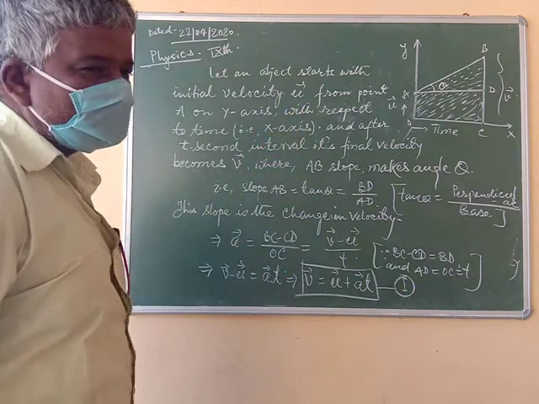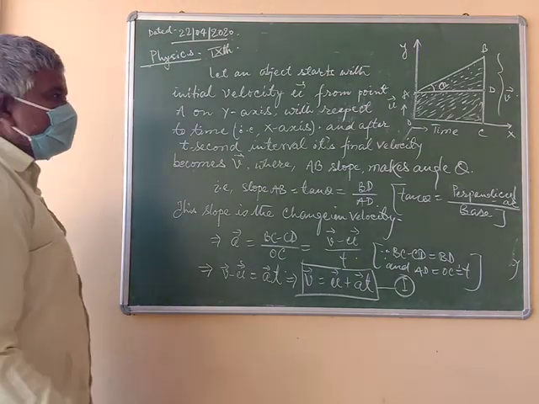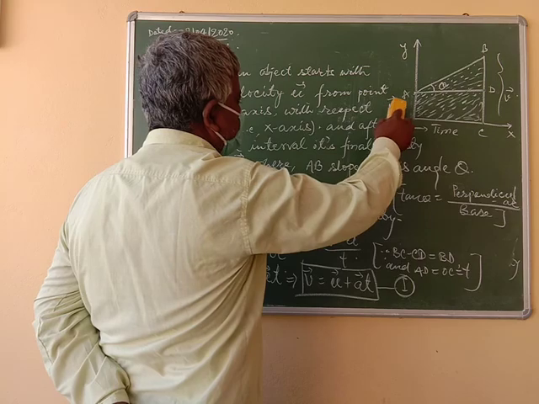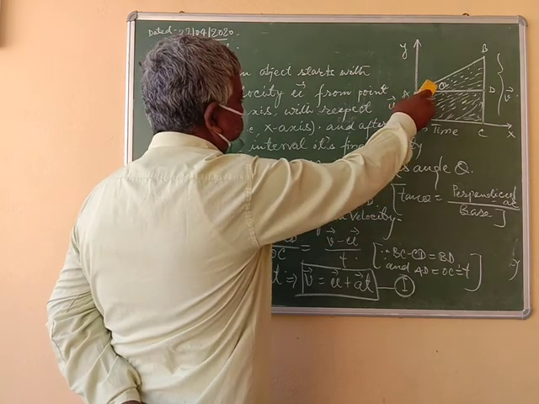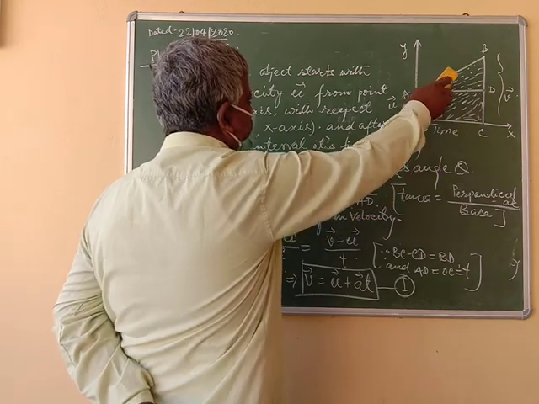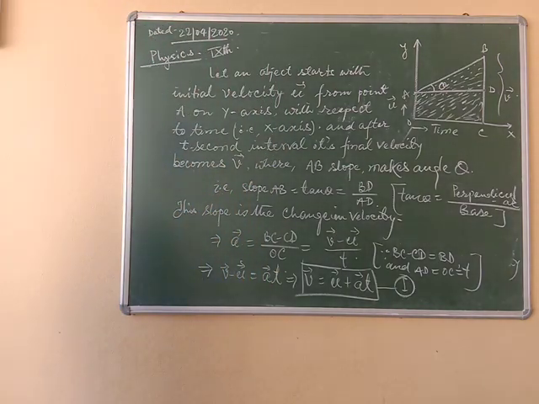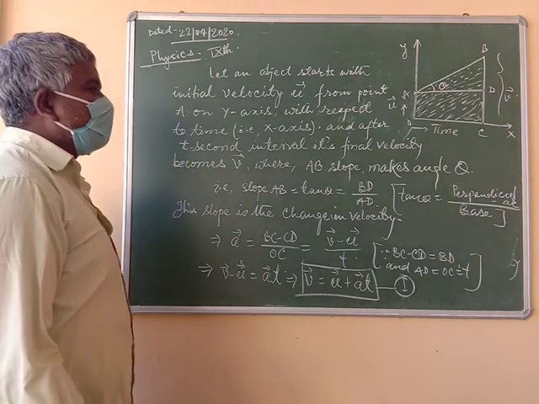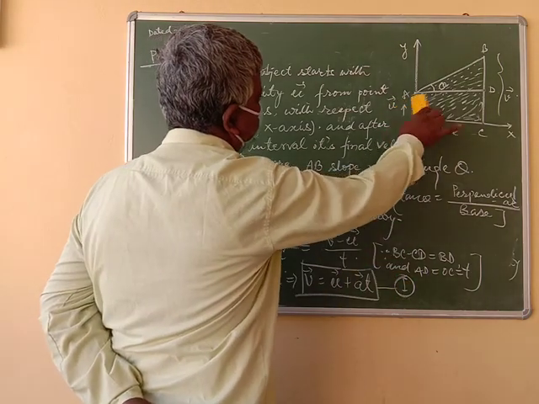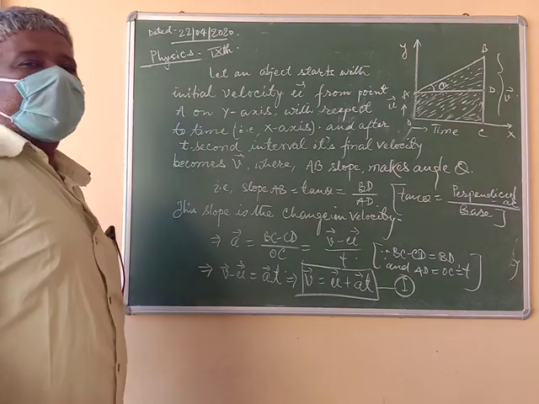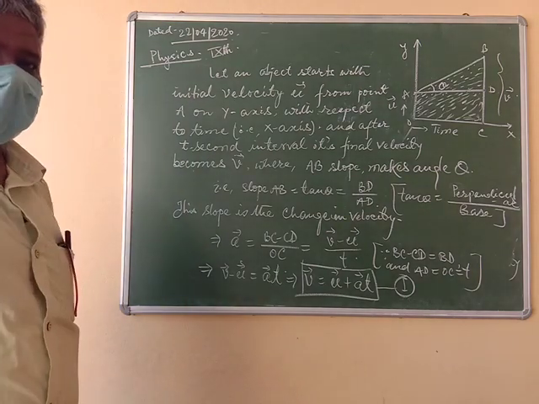As you may see here, from point A with initial velocity u, it changes with respect to time and reaches point B after t second interval. So it shows the relation between velocity and time. It is a graphical representation of the velocity time graph.